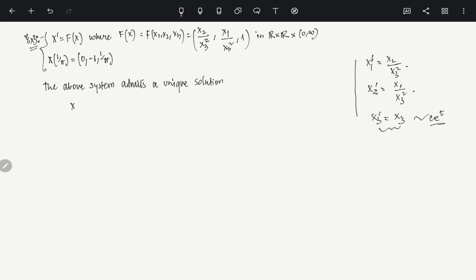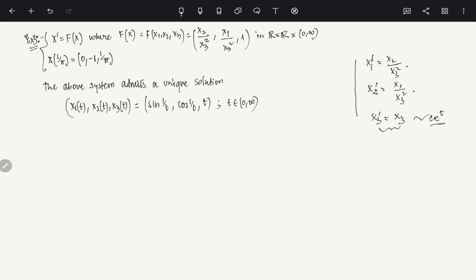It is given by (x1(t), x2(t), x3(t)), which is (sine 1 by t, cosine 1 by t, and t), and this is for t between 0 and infinity.